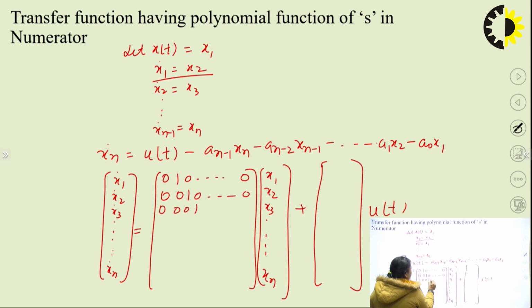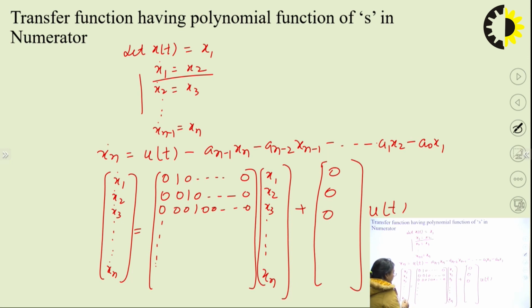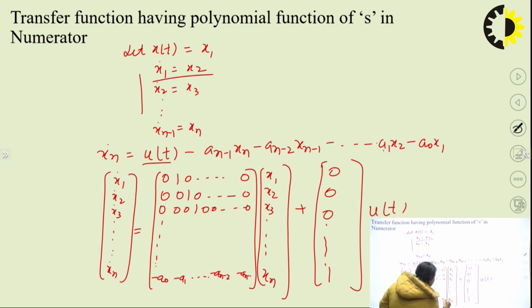Again 0 0 0 1 0 0 up to so on till 0, and at last xn dot will be equal to, here again I am having 0 0 because there is no u(t) term in these equations, and at last xn dot will be equal to u(t), that means 1 times of u(t), then minus of a naught into x1 minus a1 into x2 up to so on, and I am having at last minus of a_(n-k2) and minus of a_(n-k1) into xn. So this will be the x dot is equal to Ax plus Bu. So this term will be the B matrix, right?